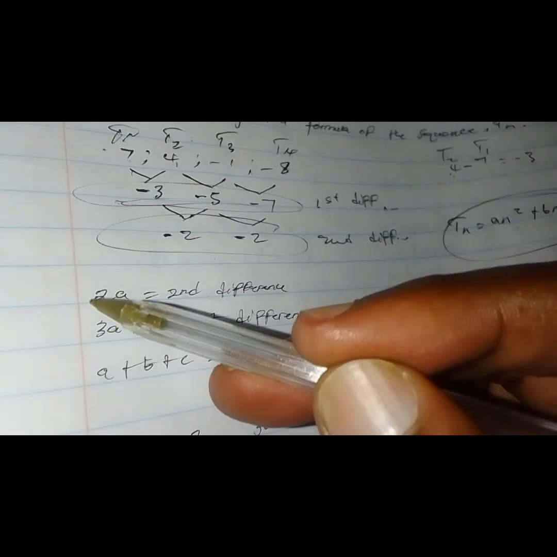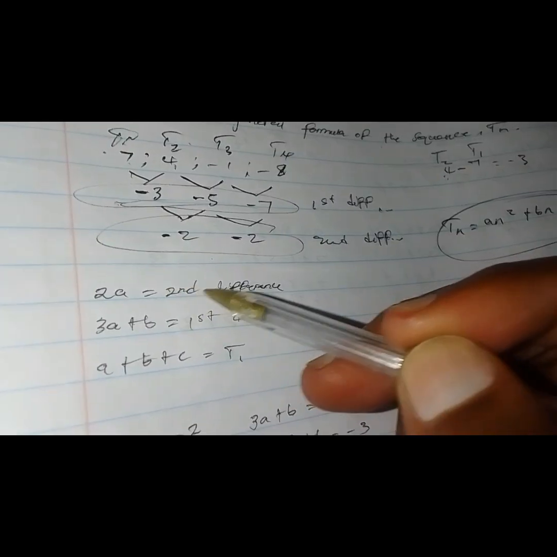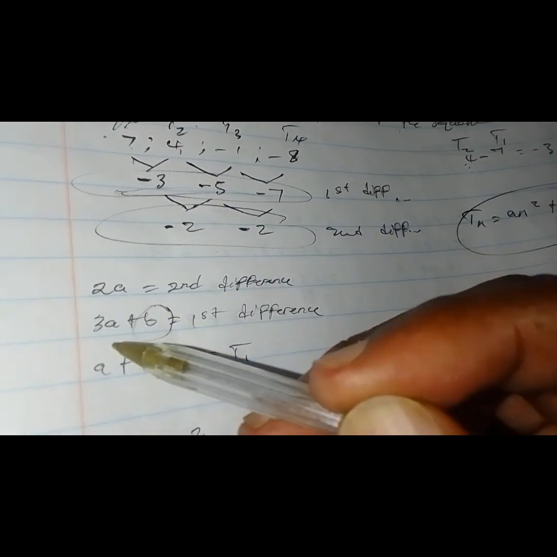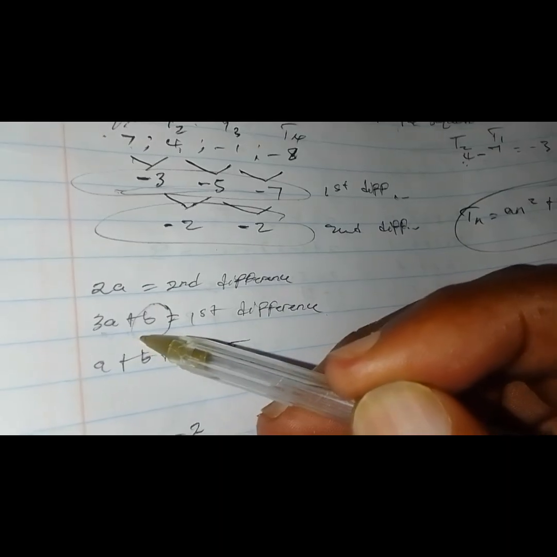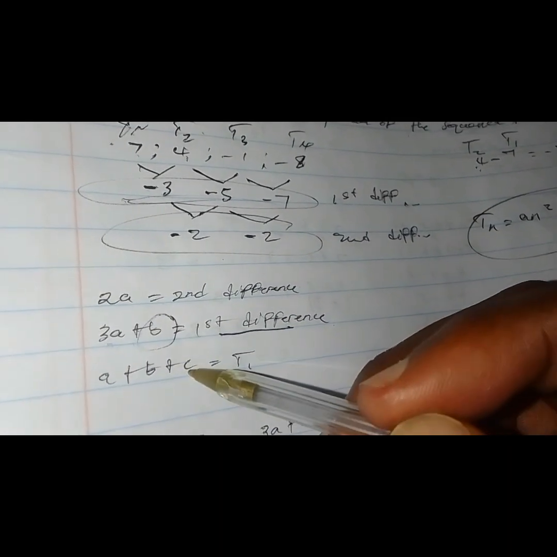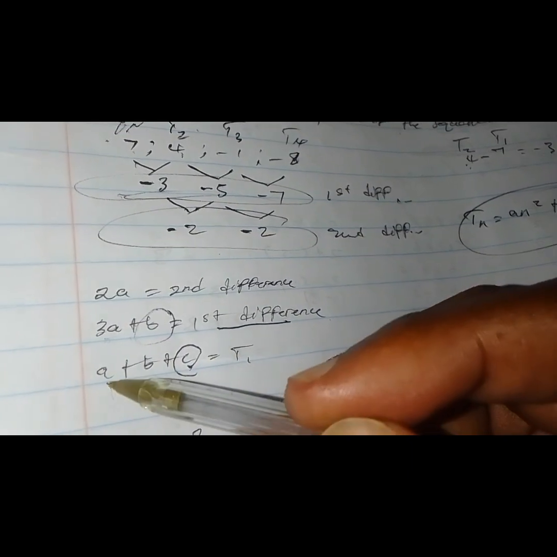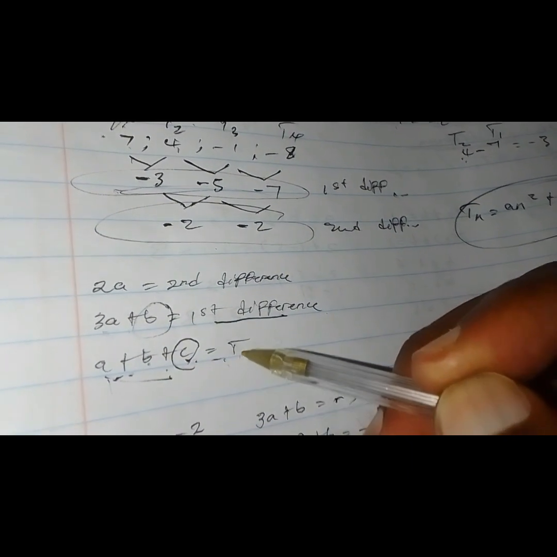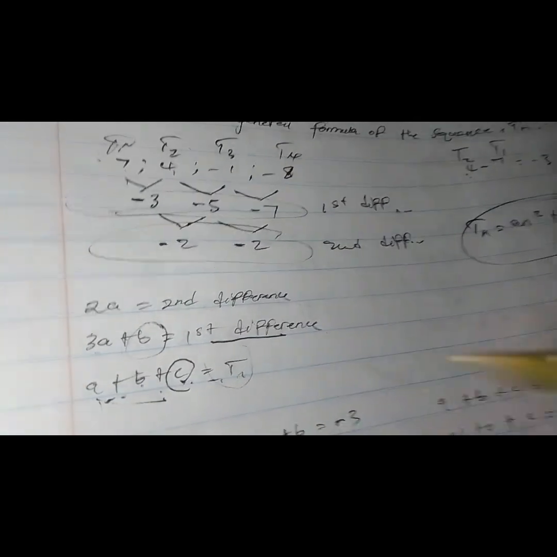That's why 2a is equal to the second difference. To find b, use the formula 3a plus b equals the first difference. To find c, use a plus b plus c equals your term 1.